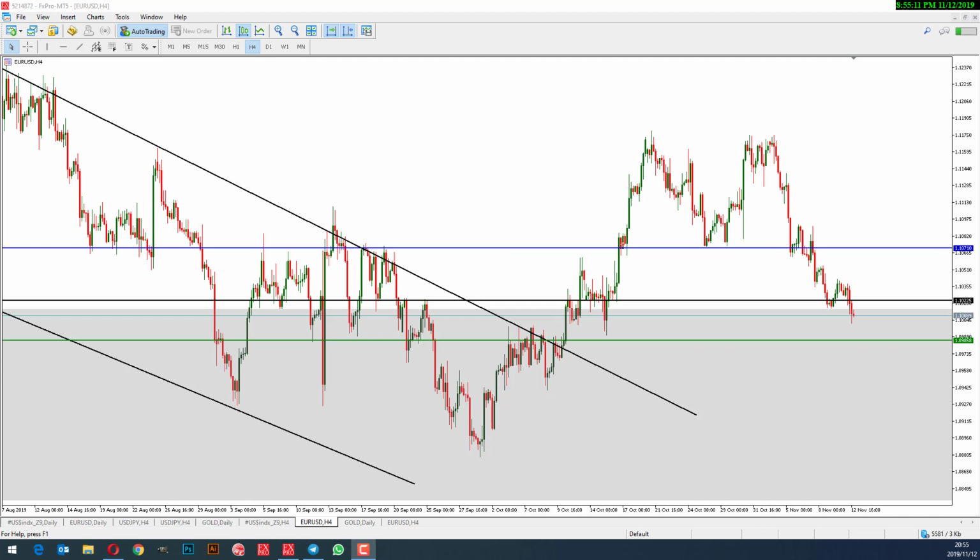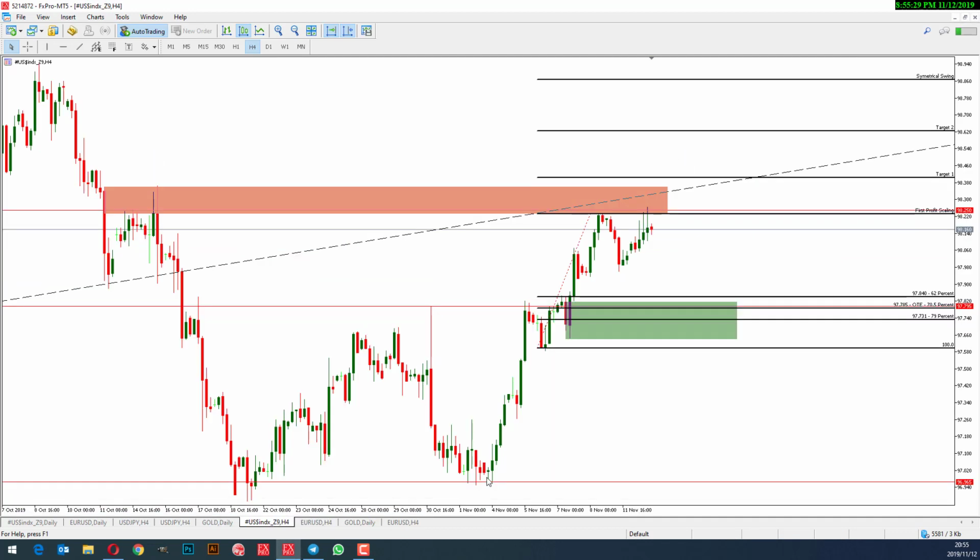Let me show you something. This is specifically for Moja, right? You see we had a rally, then we had an M formation here, which was breached here, and then price fell. Now if we switch to dollar index H4, you can clearly see the same thing.